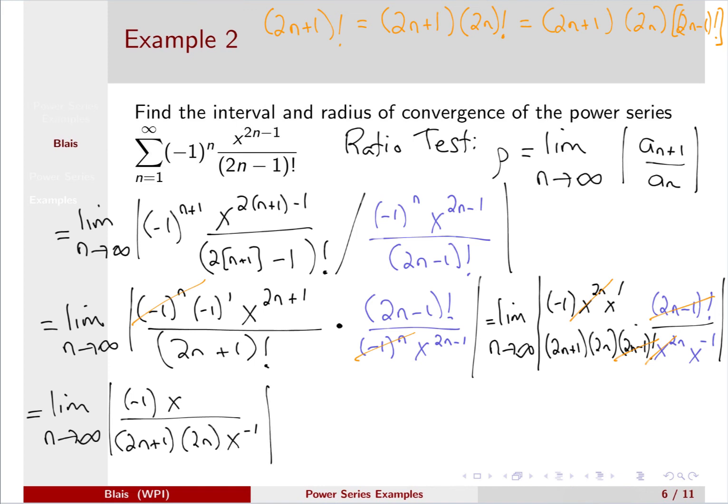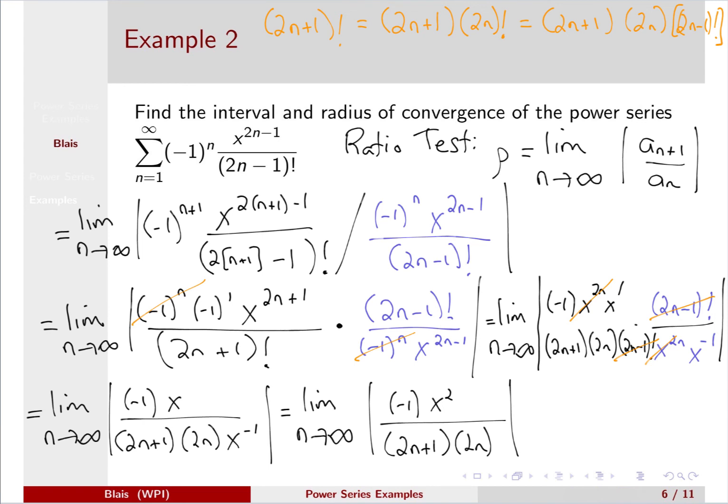And now let's see if we can clean this up. Well, this becomes the limit as n goes to infinity. The x to the minus 1 can come up into the top as x to the 1. So in the top, we have minus 1 times x squared, and in the bottom, 2n plus 1 times 2n.